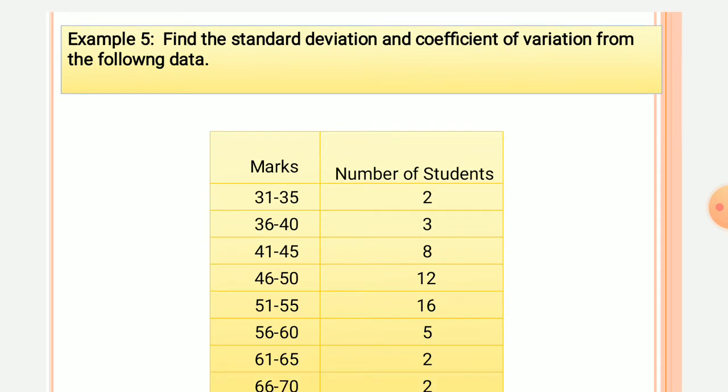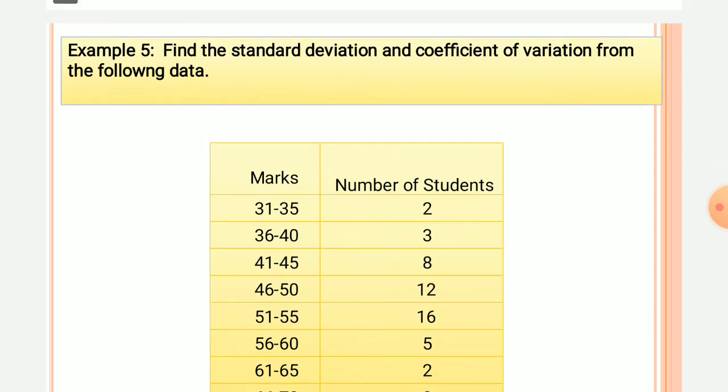Marks are given, number of students are given. Marks we take as the class interval and number of students as frequency. From this data we have to calculate the value of standard deviation as well as the coefficient of variation.